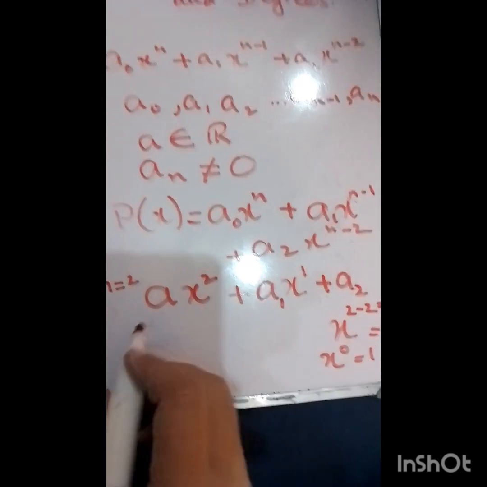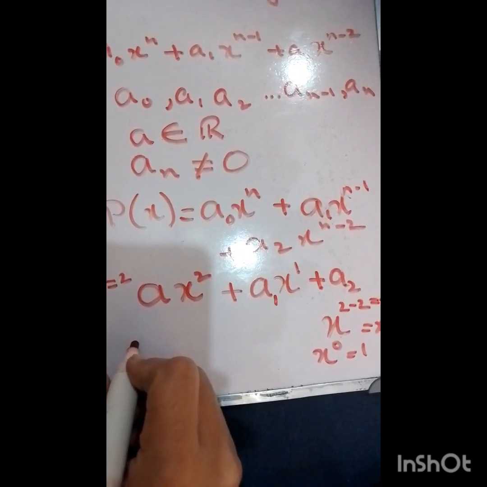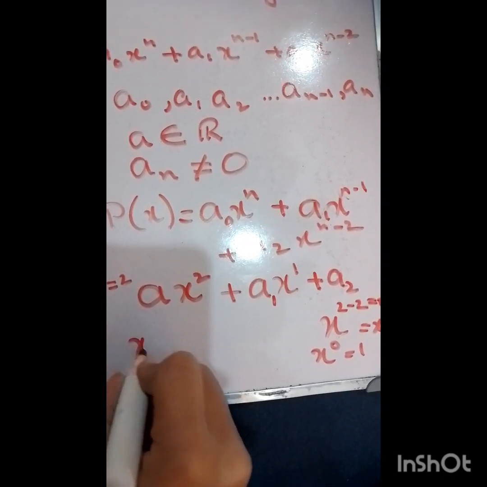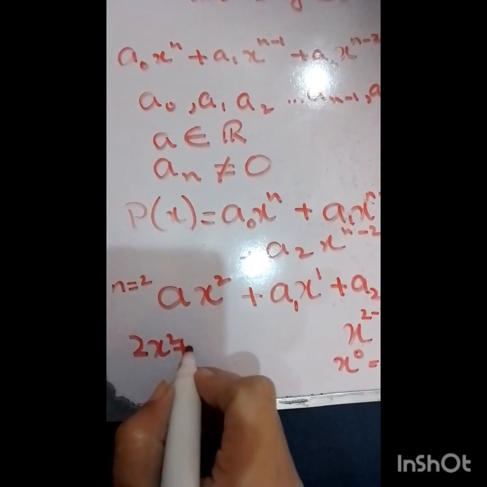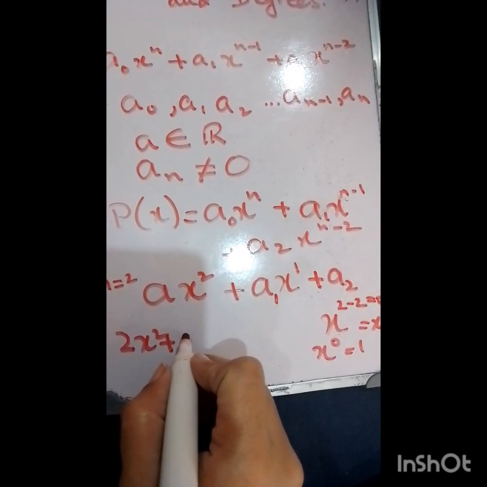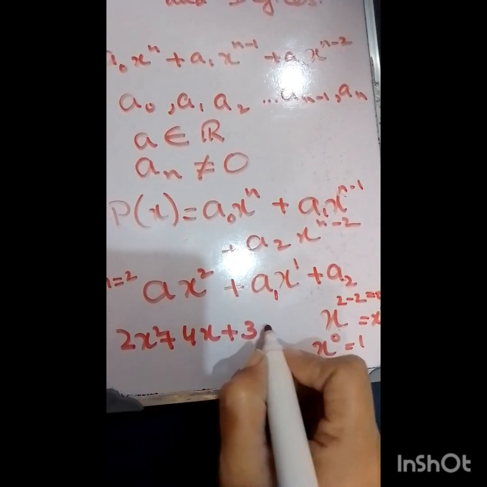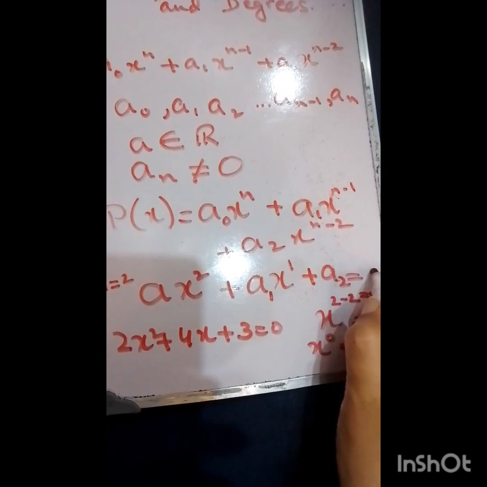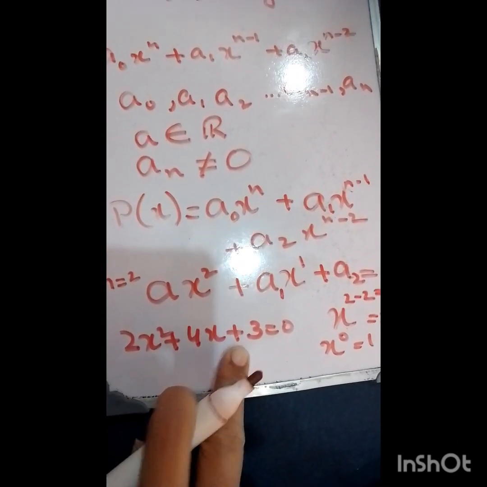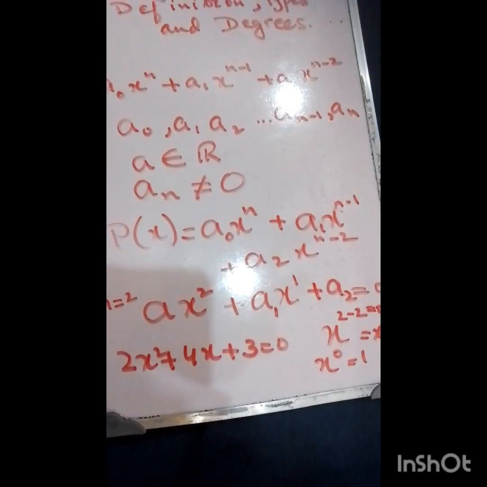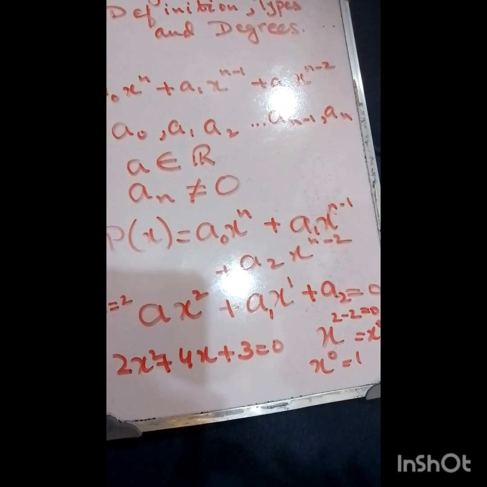In general form we can write it as 2x square plus 4x plus 3. This is how we represent it in numeric form. Okay, so let's go through an example so that you can understand it better.